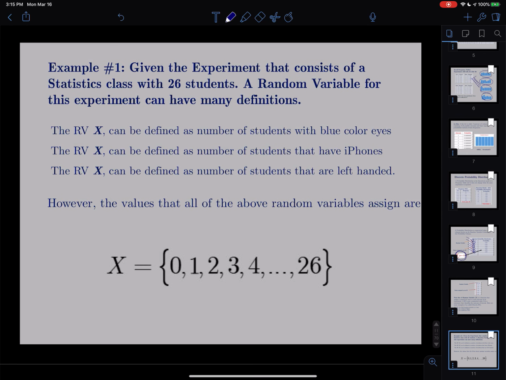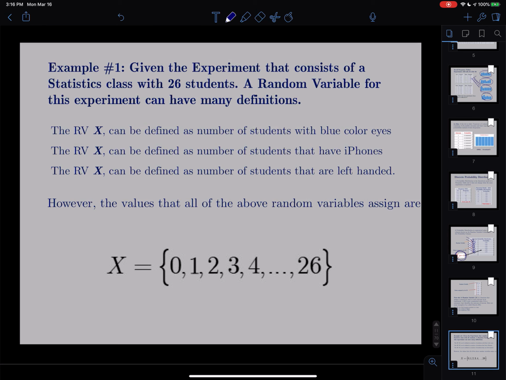Here's an example. Say we're dealing with a stats class with 26 students, and we define a random variable to be the number of students with blue eyes, or the number of students that have iPhones, or the number of students that are left-handed.